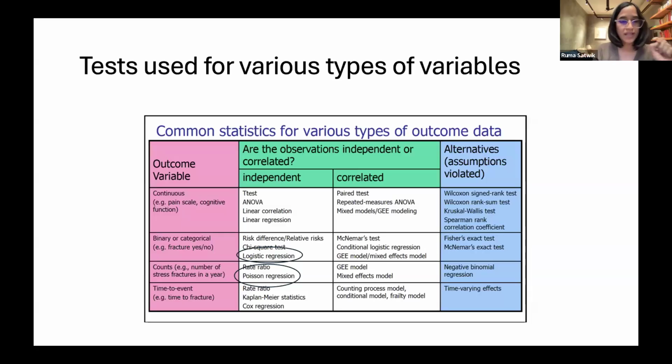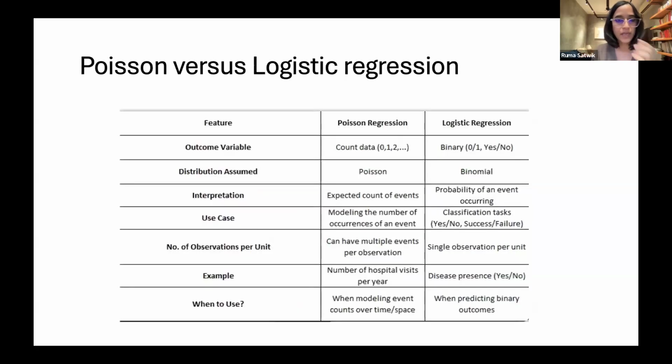Now, let us see why they move to counts instead of binary. That is the results. I'll take you there in just a bit. And these are some of the differences between Poisson and logistic regression. You needn't go into the details of this, but remember that the outcome variable for a Poisson regression is count data. For a binary logistic regression it is binary outcome data.